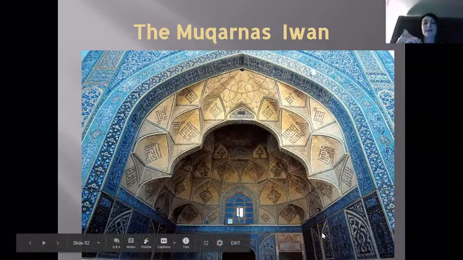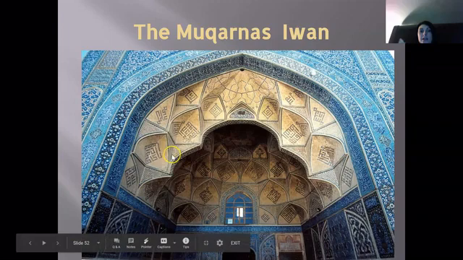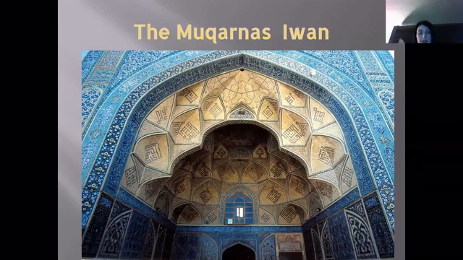Now, this is something that is very unique to Islam, and this is going to be called the Muqarnas Dome. Where you can see right here, where they kind of go like this a little bit, instead of it just being a rounded dome, it has that kind of in, out, like that. That's called a Muqarnas, and it's something that highly identifies something as being Islamic.